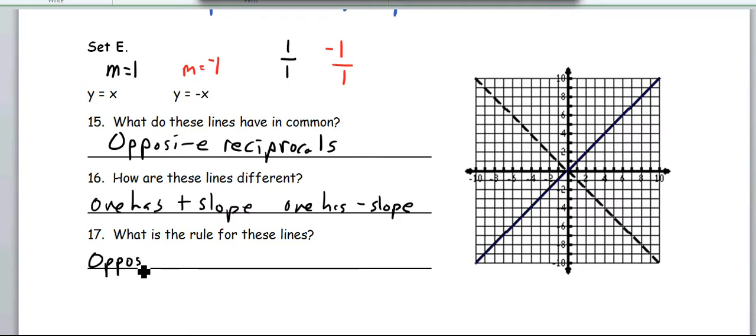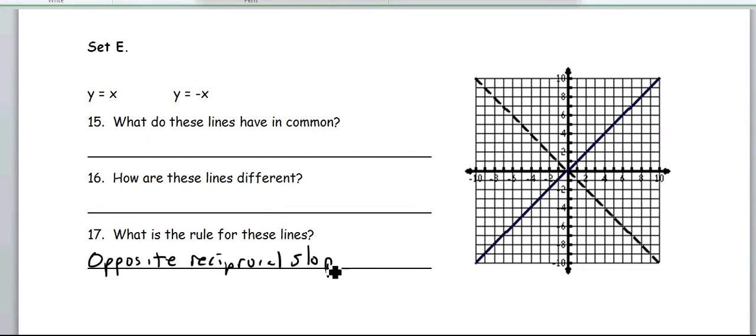The rule is opposite reciprocals. Opposite reciprocal slopes create perpendicular lines.